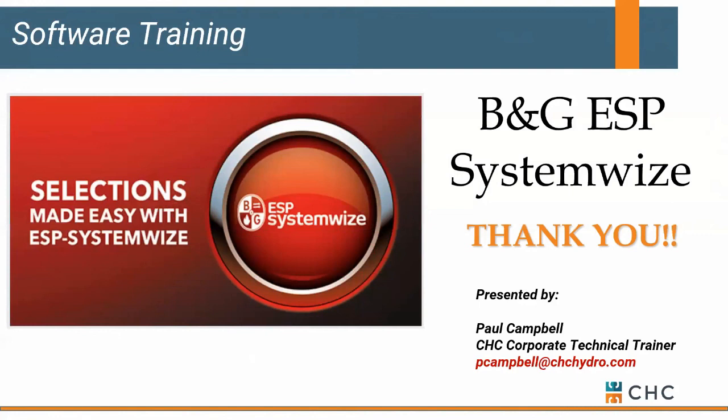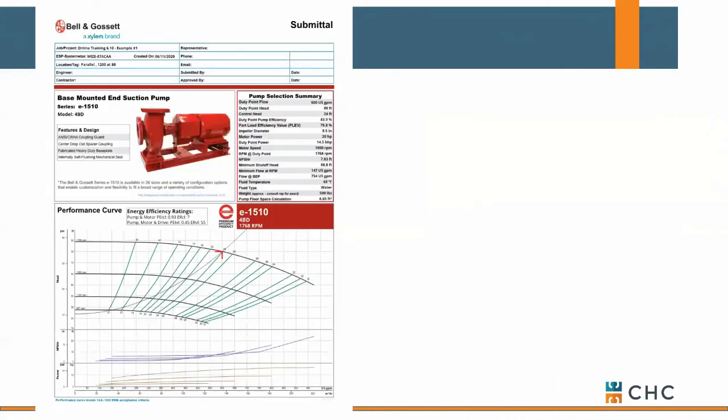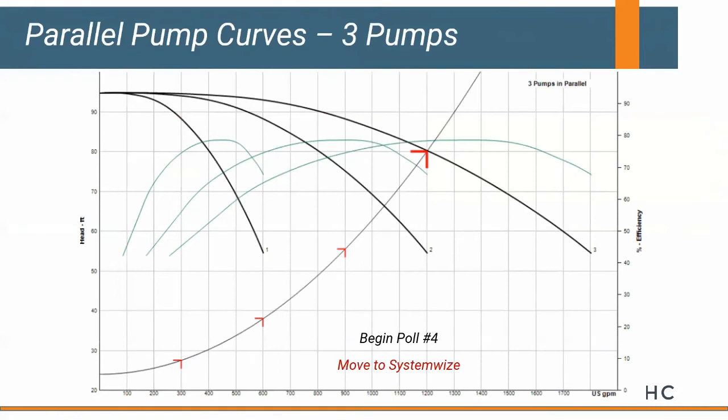Hey, this is Hans, you guys. I have one comment. Paul did a great job of talking about those parallel curves. But keep in mind, this is showing that although you could certainly run 2 pumps at 60 hertz in parallel, it doesn't mean that you can't run 1 pump.